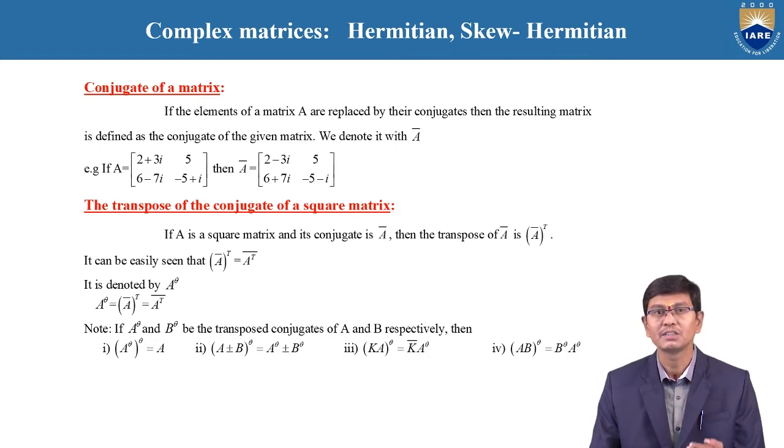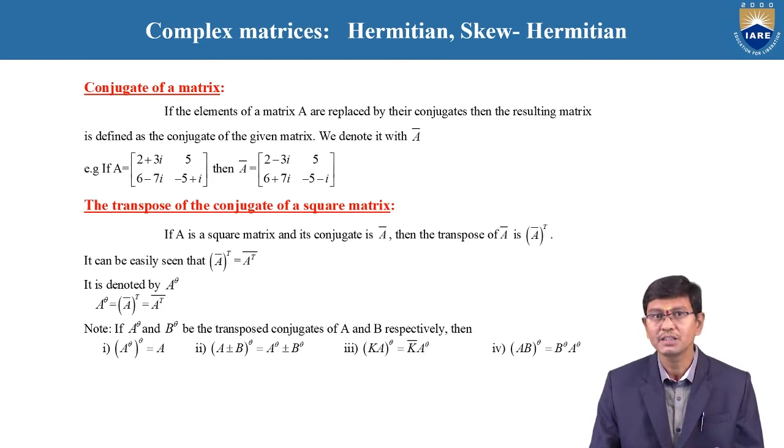In the second row, 6 minus 7i changes to 6 plus 7i, because minus i changes to plus i. And the last element, minus 5 plus i, changes to minus 5 minus i. This is the conjugate of a matrix.